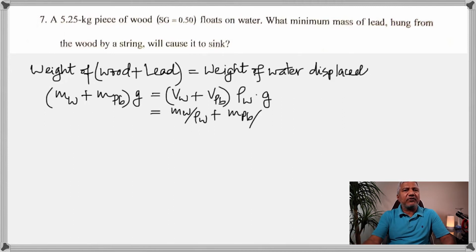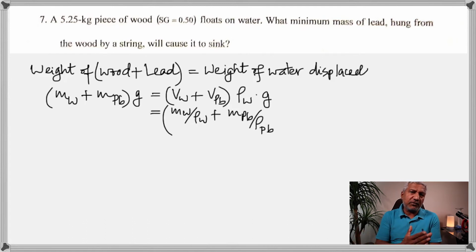To find the weight of water displaced, do remember that the lead that you're adding is also going to displace its own volume. That's why we have to find the volume of water displaced by the wood. So we have to find the volume of wood and then add it to the volume of lead. So we get the total volume and then multiply it with the density of water.